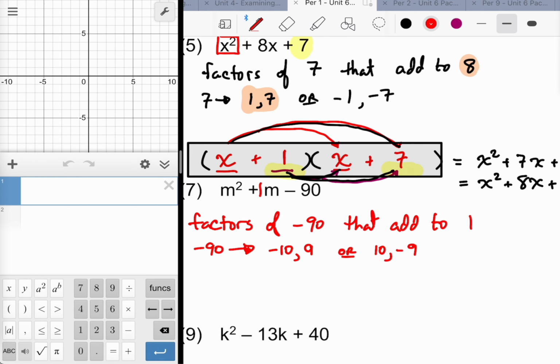All right? So then it's really just a matter of saying I have an x and an x, in this case, m. An m and an m.